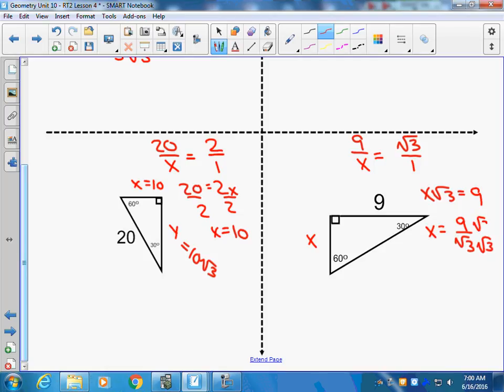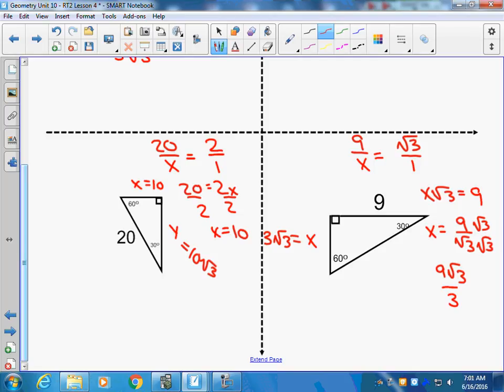So we multiply both numerator and denominator by the square root of 3. So in the denominator, we get the square root of 9, or 3. And then we've got 9 square root of 3. And then we can also do some simplifying here. 9 divided by 3 is 3. So we've got 3 square root of 3 for our short leg.